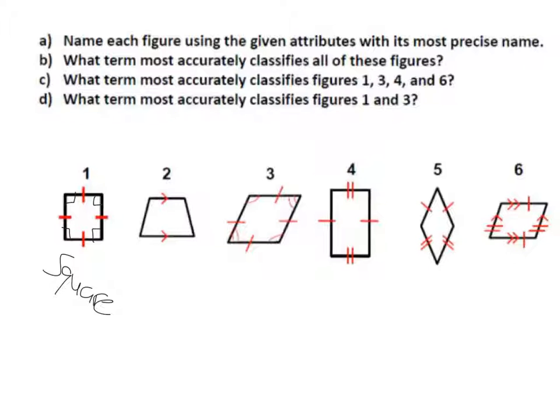In the second problem, I can see that it has just one pair of parallel sides, and I know that because those little arrows right there are showing me that those 2 sides are parallel, making that a trapezoid. Figure 3, it has congruent sides. That's what these tick marks mean. Okay.